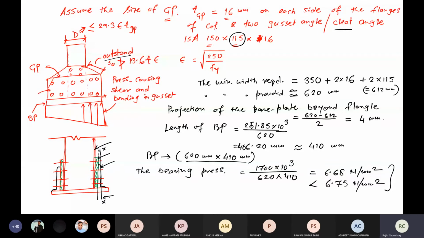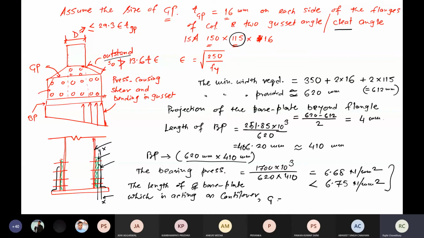Then the length of the base plate which is acting as a cantilever, how much could it be?